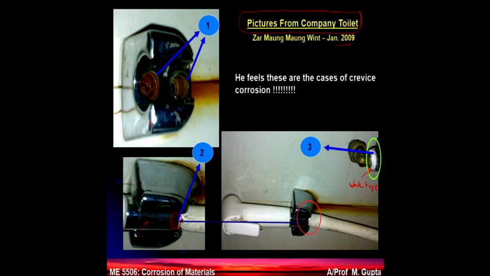See, case number 1 is okay because once you remove that part, this is where the crevice can form. So this is correct. But once the part is in a fitted situation, you have this thing. Do you see any crevice outside here?